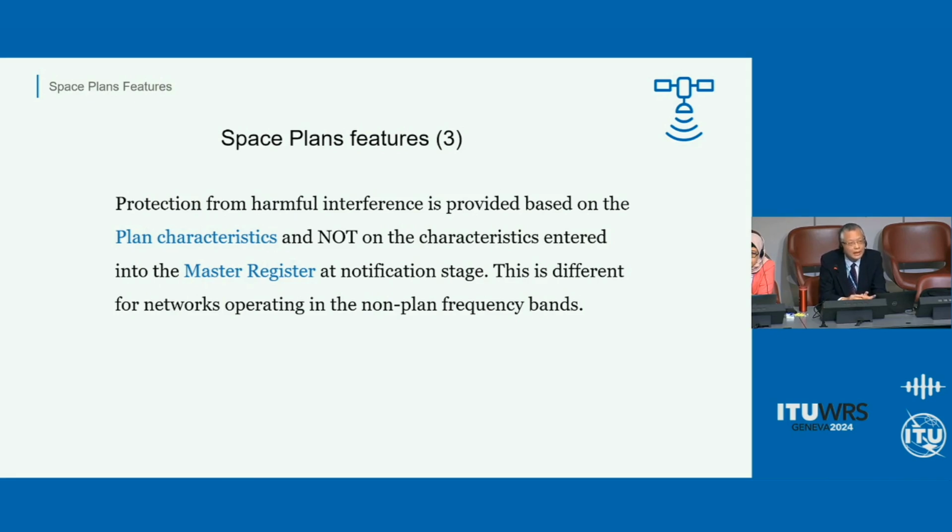Not all of the plan has been used and recorded in the master register. So in calculation or in analysis, we could not use those data in the MIFR. Instead, we use the data in the plan itself for calculation of interference to these plan entries.